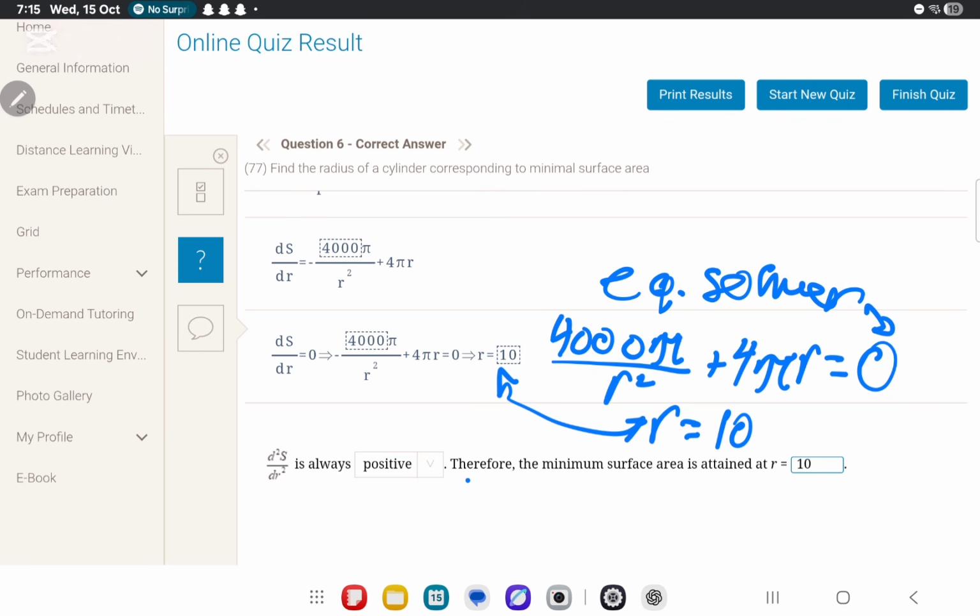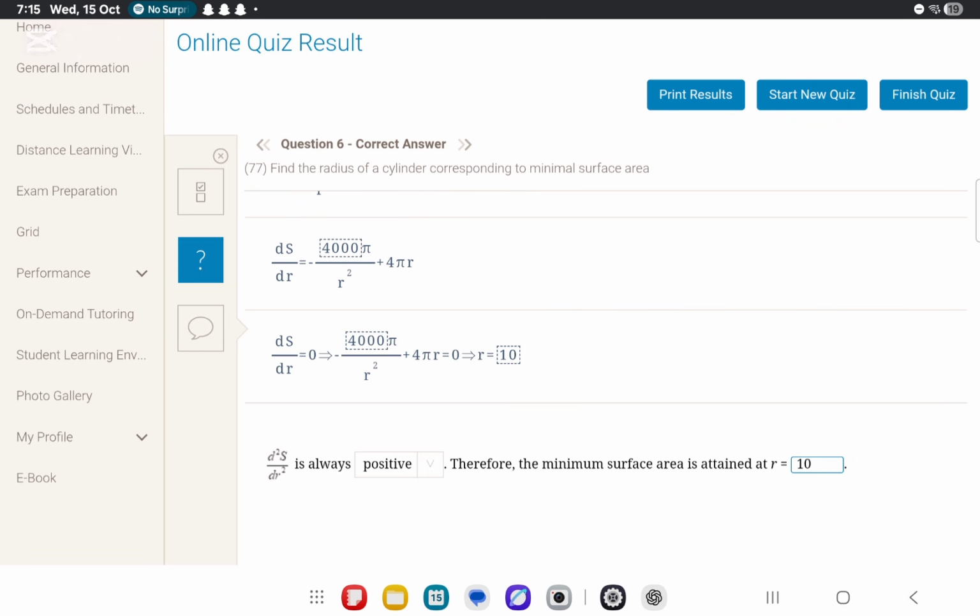Now, you can notice d squared s by dr squared, so the second derivative of this. Let's do the second derivative. So ds by dr is equal to, take r up, 4,000 pi r to the power of negative 2, negative 4,000 pi, plus 4 pi r.